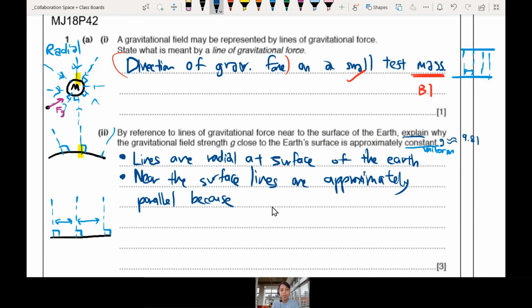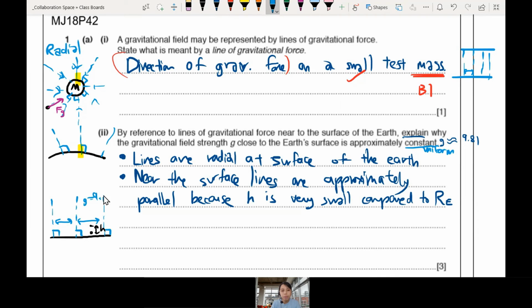So must say because h, the height at which you travel, is very small compared to the radius of the Earth. So that means if I'm just throwing a rock from the surface up to, let's say here, this small change in height is very small compared to the radius of the Earth. So on scale, it looks constant.